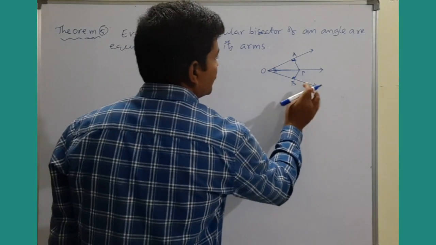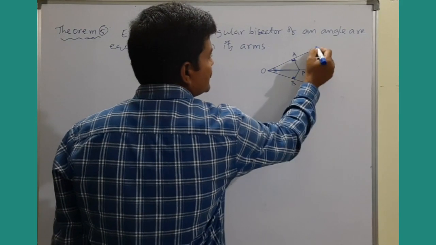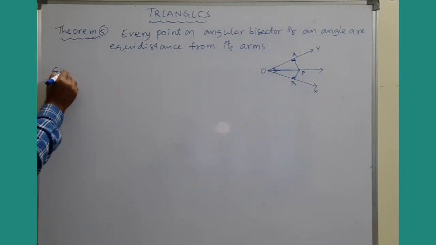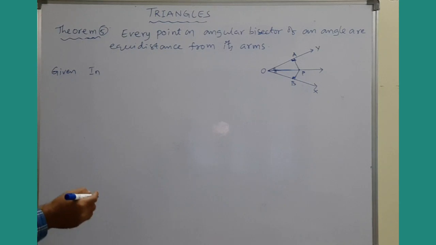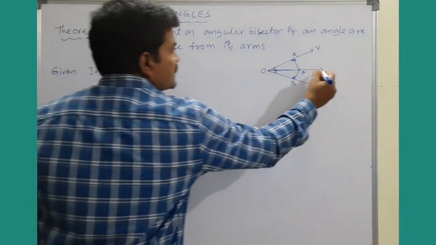Say, suppose this is already we considered P, let it be X and this is Y. In XOY, what is given? Say this is the L, suppose.